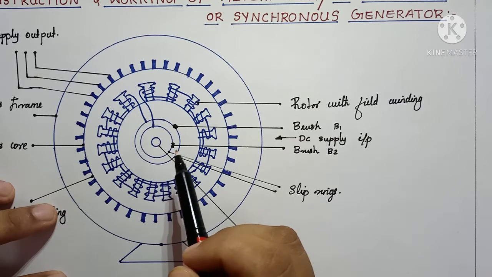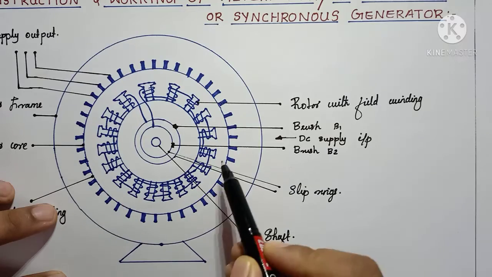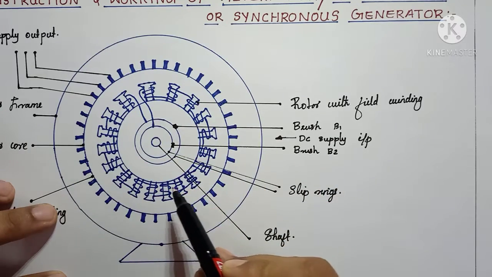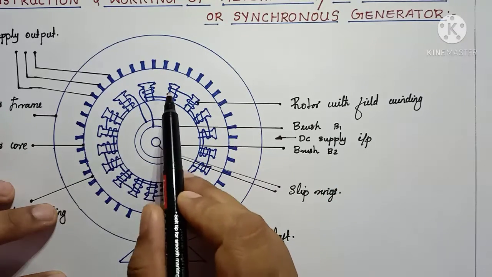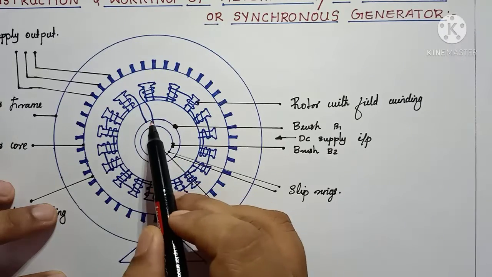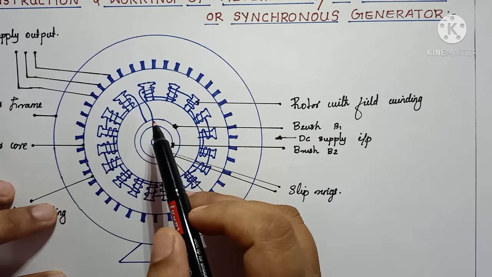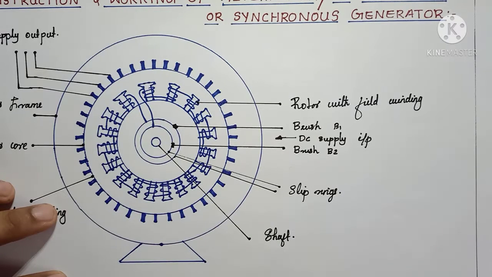The next important part is the rotor with the magnetic field. This portion is the rotating rotor, and it indicates the magnetic field windings. Based on the construction of the rotor, alternators can be of two types.